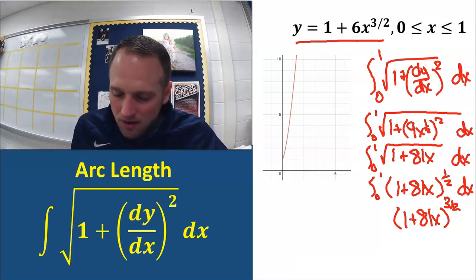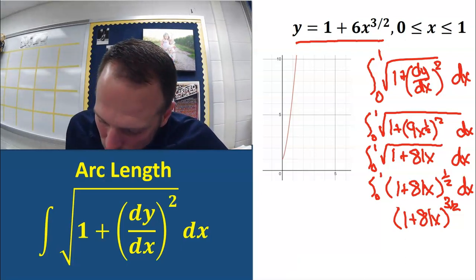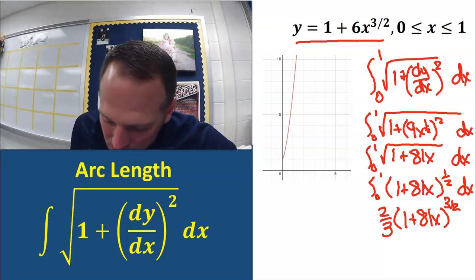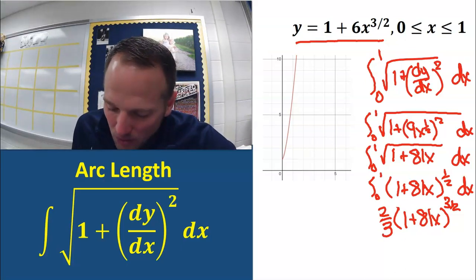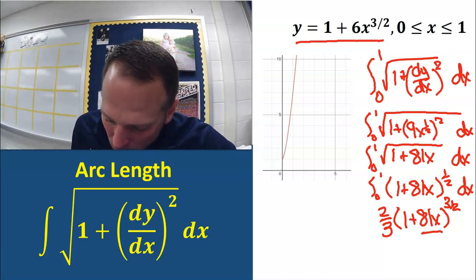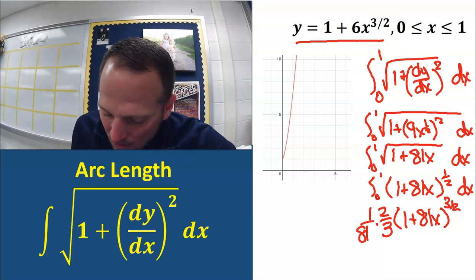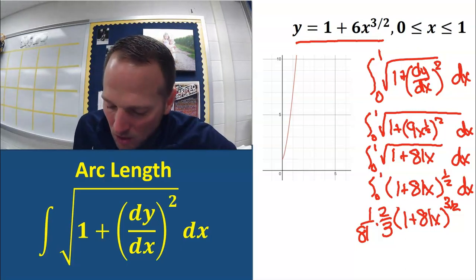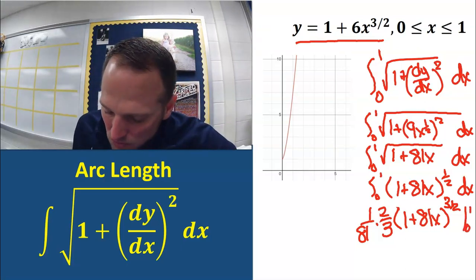To get rid of the 3/2 power, we need to go 2/3 out front. And then, for the chain rule, we would have had to take the derivative of the inside, so in order to get rid of that, we're also going to have a 1 over 81 out here. So the 2/3 gets rid of the exponent, and the 1 over 81 gets rid of that 81. And that's going to go from 0 to 1.